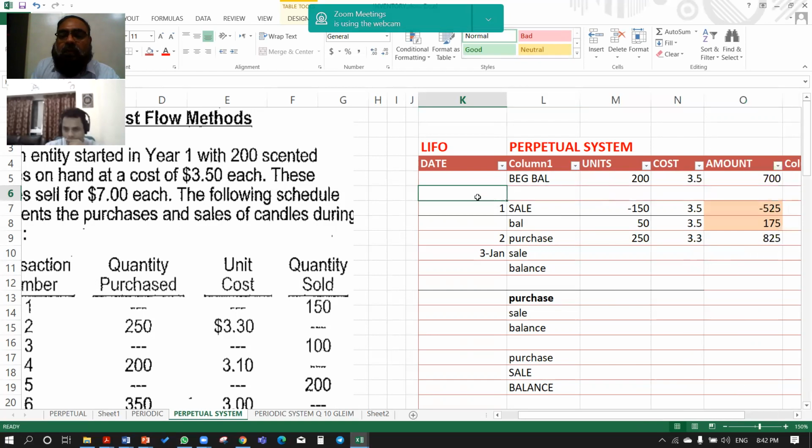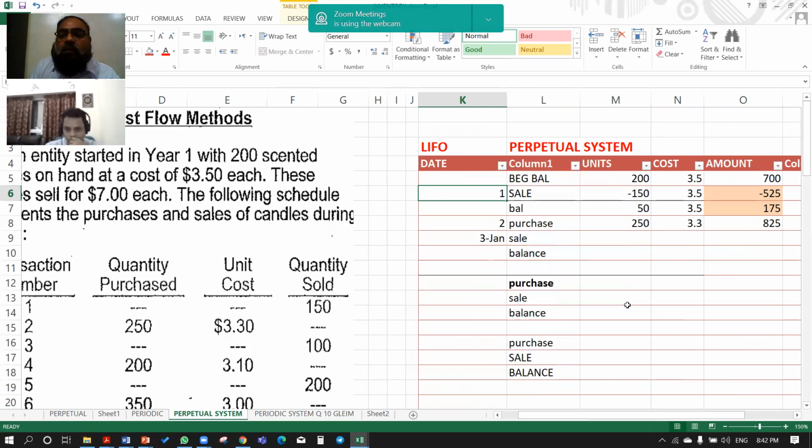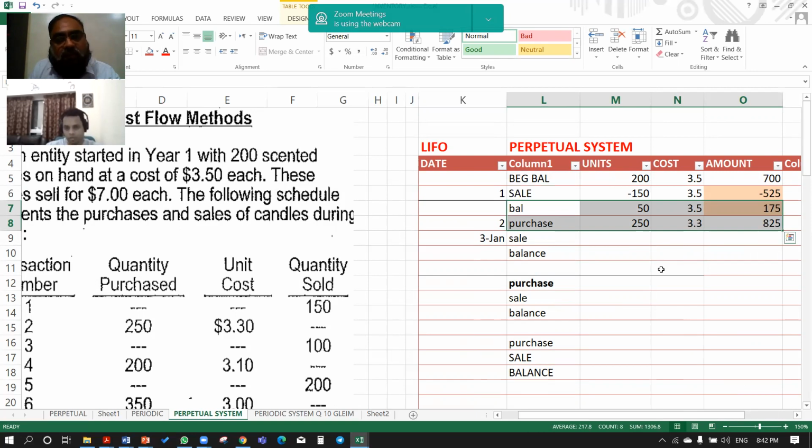No, leave it, because if we erase it the whole system will be affected. So beginning balance we have, and then we sold. Balance is there, 250. Now we have two lots. Which method do we have now? LIFO method, last in first out.